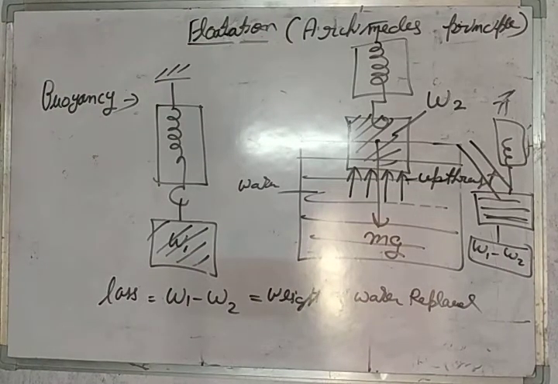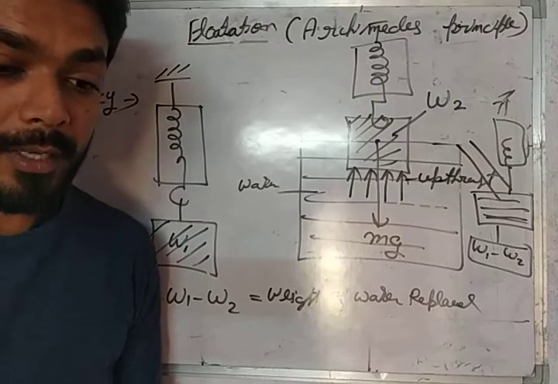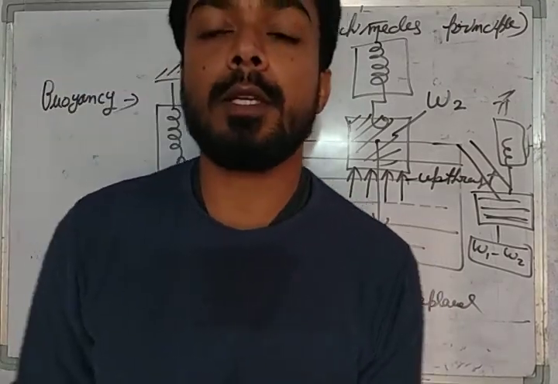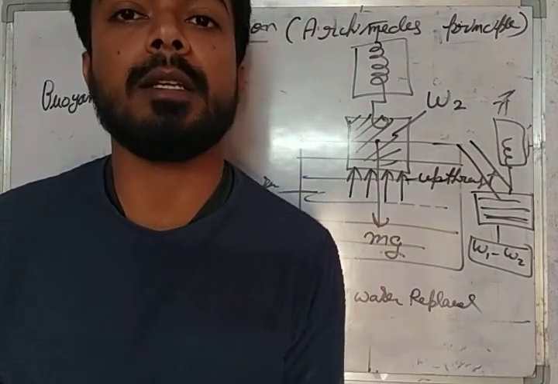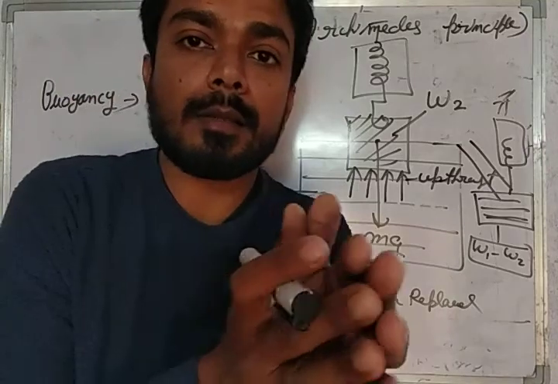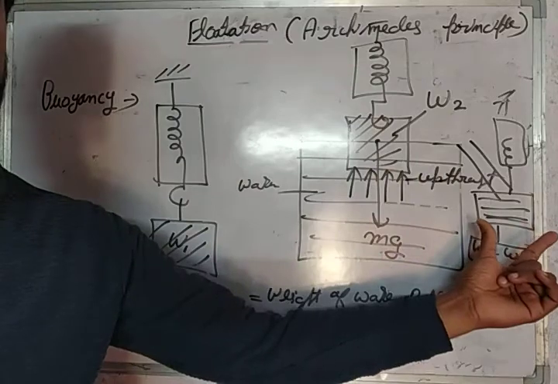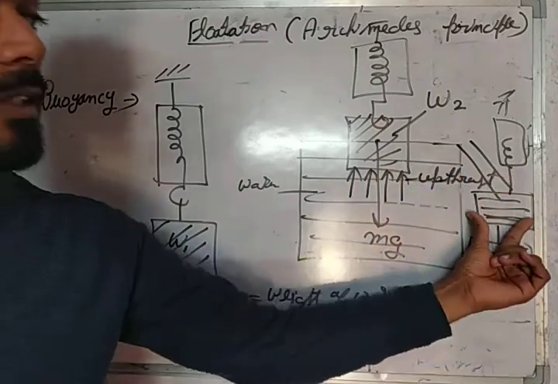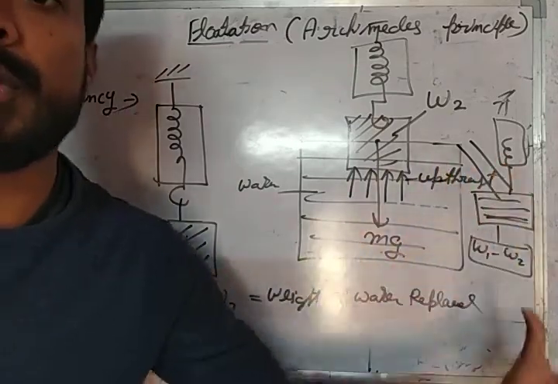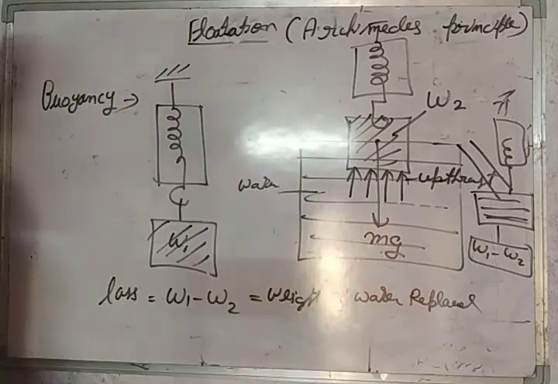Then Archimedes says that whenever a body is partially or fully immersed inside water or any liquid, it will replace some amount of the water, and the weight of this replaced water will be equal to the loss in the weight.